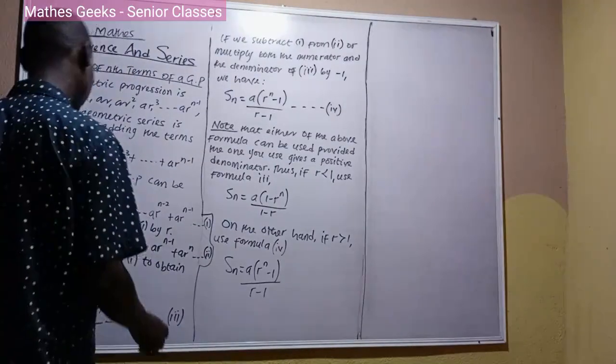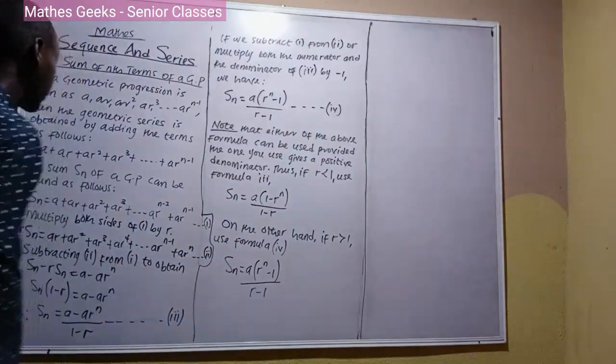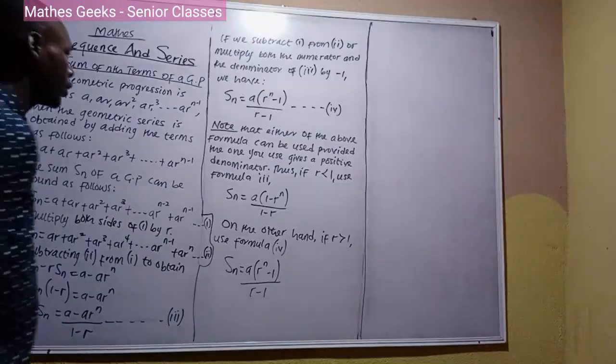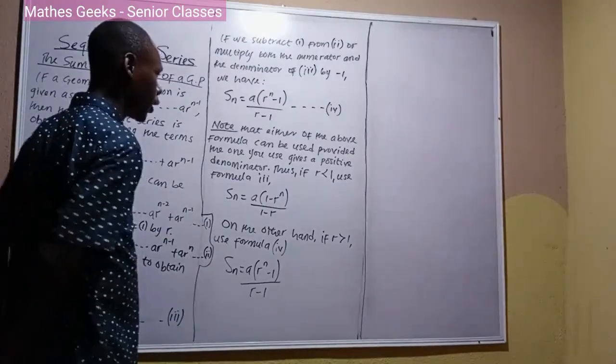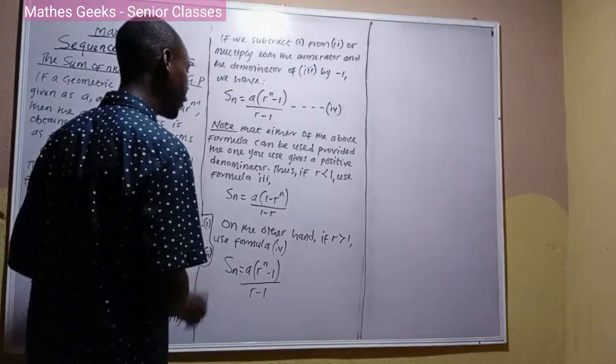So these are the two formulas for calculating the sum of nth terms of a GP. Whichever formula you're going to use depends on the denominator, which depends on r, the common ratio. Note that either of the above formulas can be used provided the one you use gives a positive denominator.